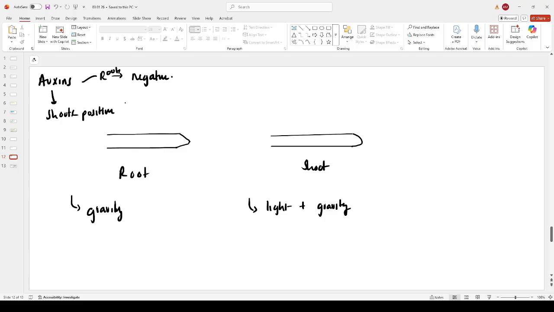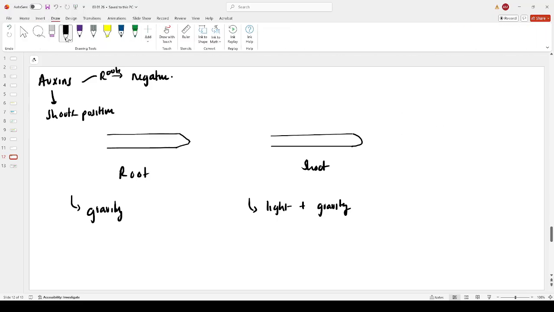Okay, so let's have a look at the shoot first. Here you have, let's say, some sunlight. Here you got some sunlight. Now, I'm going to put some letters down.